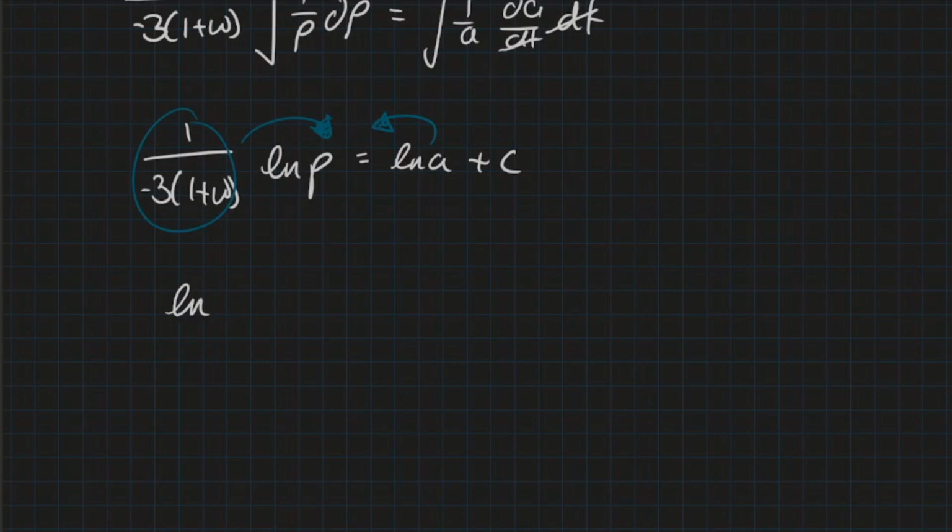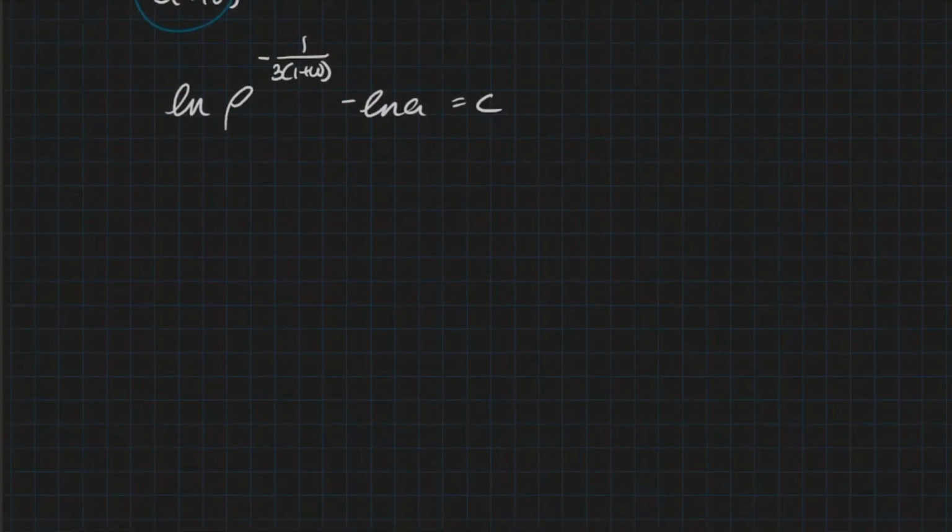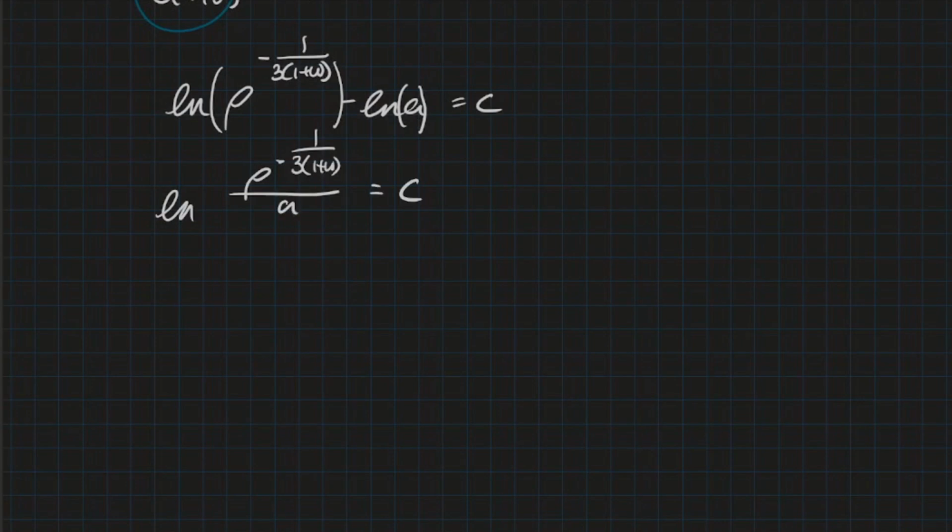So we have ln rho to the minus 1 over 3(1 plus w), minus ln A is equal to some constant c. The difference between two logs is the log of the fraction of the bits inside the brackets. So we can say that ln of rho to the minus 1 over 3(1 plus w) divided by A is equal to some constant c.